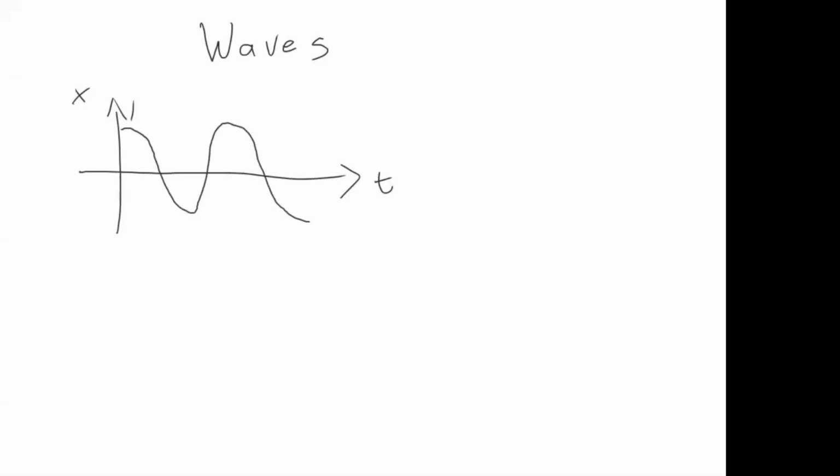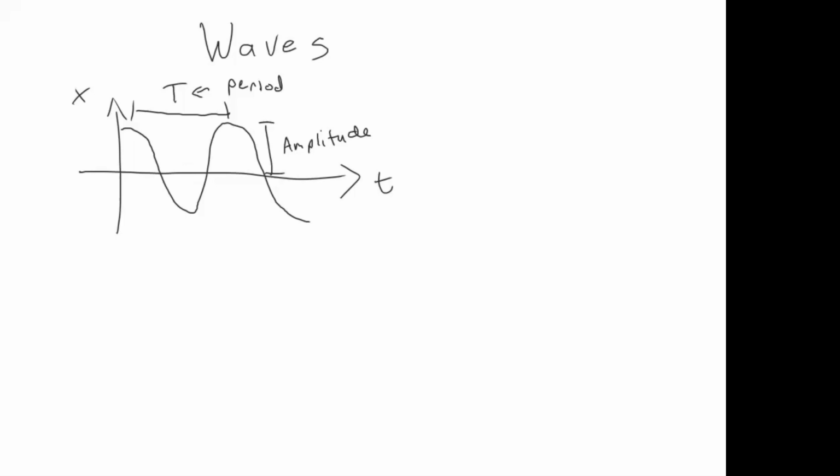And so we saw that on the position versus time graph, this was the period T, and this was the amplitude. And so this will be true for waves or simple harmonic motion.